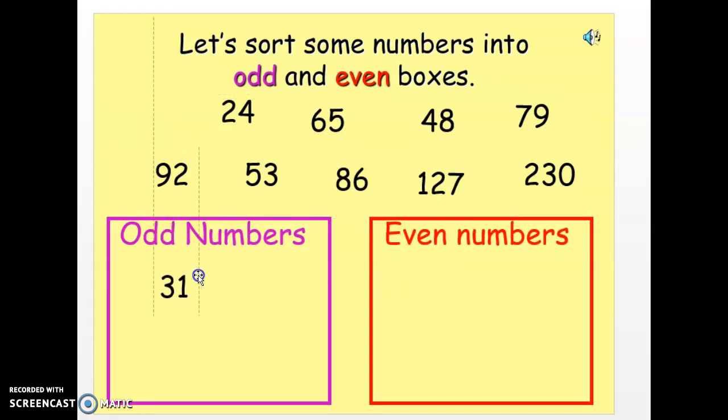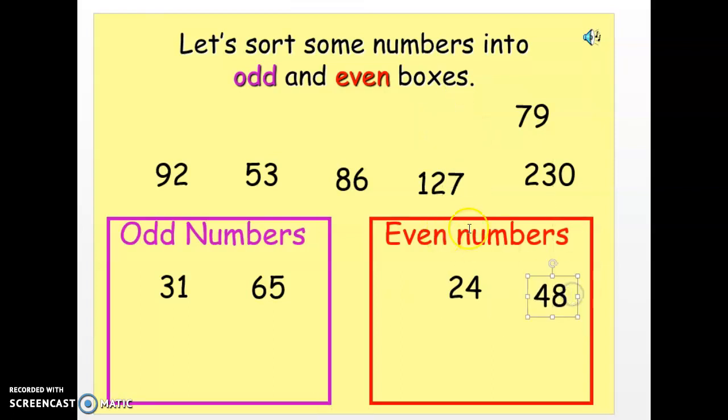So odd number, push it there. 24 will be an even, so I take it to the even side. 65 ends in 5, so I'll take it to the odd number side. 48 ends in 8, 8 is an even number, I'll bring it here. 79 is an odd number, I'll bring it to this part. 92, 2 is an even number, I'll put it here.